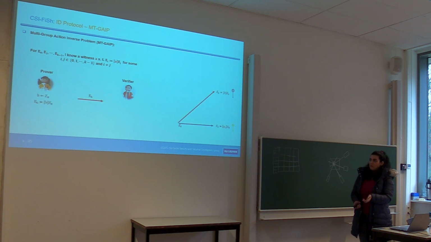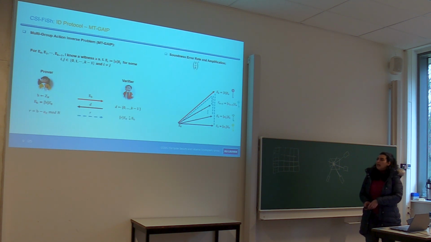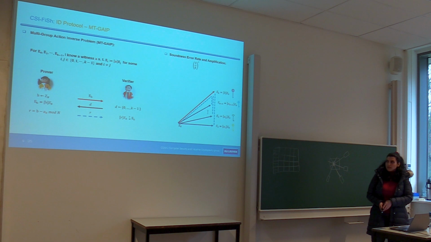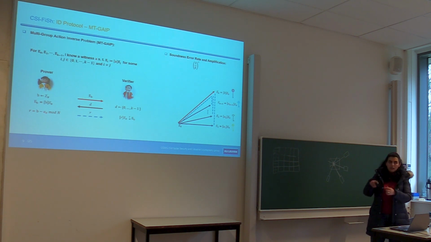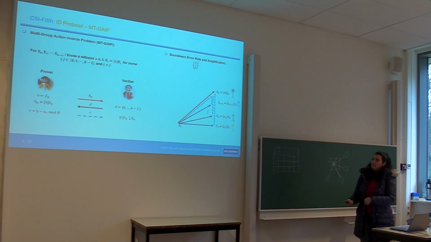She again picks a random b, commits to it, and gets a challenge, but this time the challenge is from 0 to k minus 1. She then opens b minus ca for any of those curves that he challenges, and then the verifier checks it. So here you can see we have k different keys to do that.